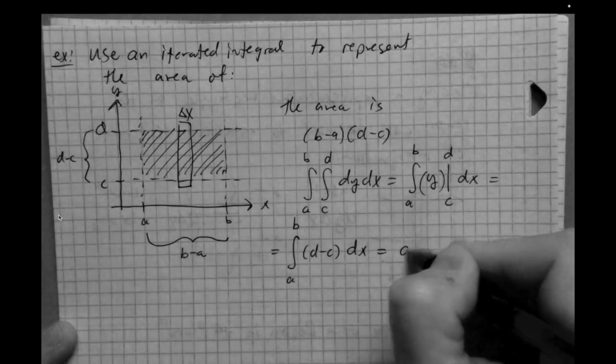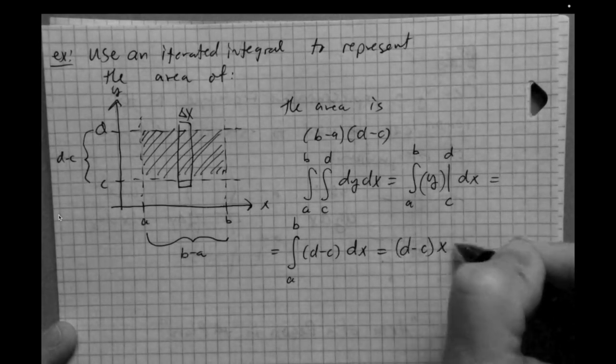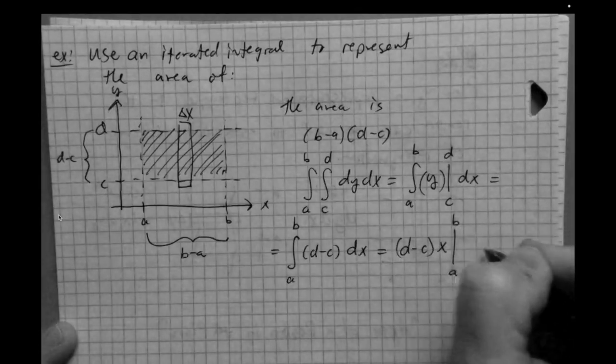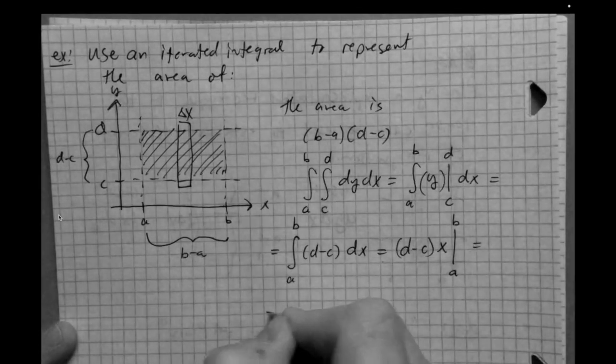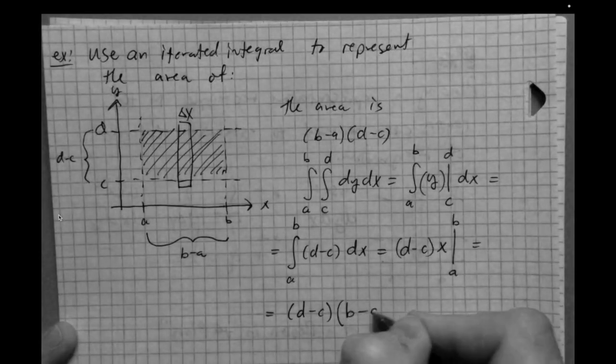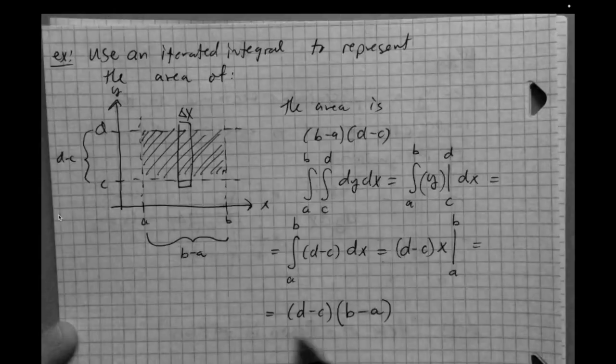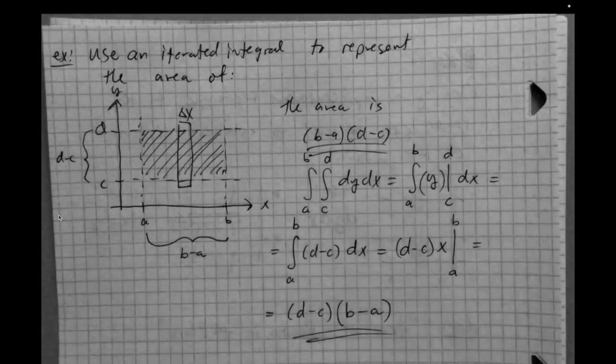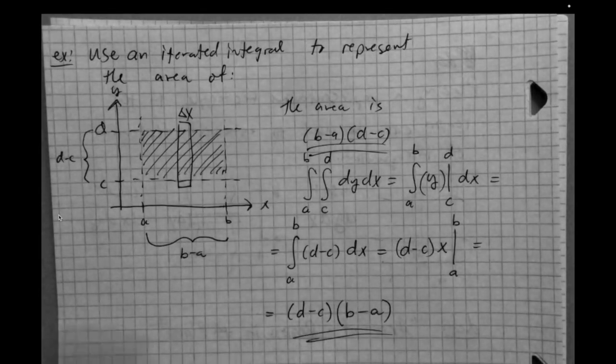Well, this is just going to be d minus c times x going from a up to b. And we can see that that produces d minus c times b minus a. And so that's the same as what we have up above, just looking at the fact that this is a rectangle, base times height, length times width. The integral works. So this is a nice aha, it works. It does what's expected in the simple cases.